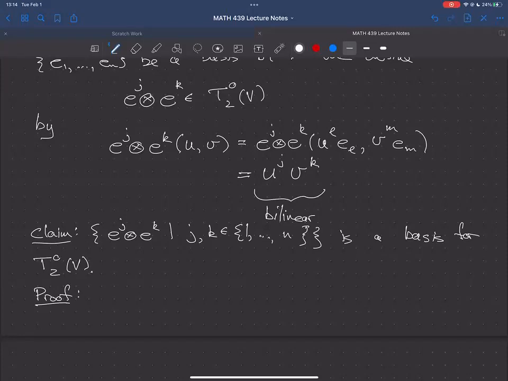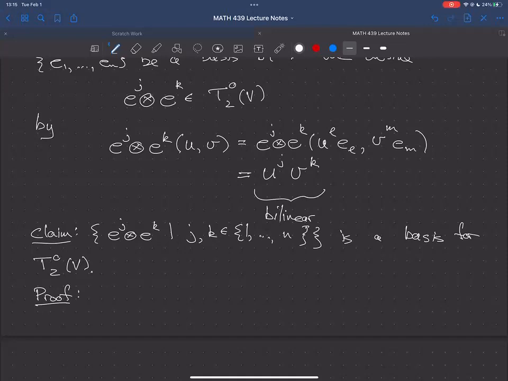In this case, when we did this for V star, we were able by other means to know beforehand, without actually having a basis in our hands, that the dimension of V star was the same as the dimension of V, at least in the finite dimensional case. So we could get away with only showing one of linear independence and spanning, because if you have a vector space and you know its dimension, and you produce a set of vectors whose number is the same as the dimension, and either it's linearly independent or it spans, then it automatically has the other property.